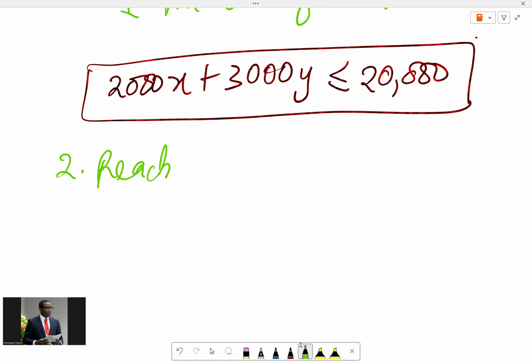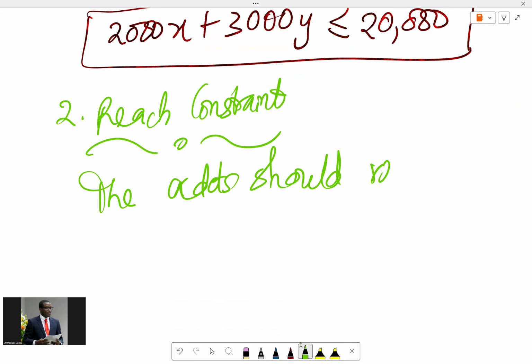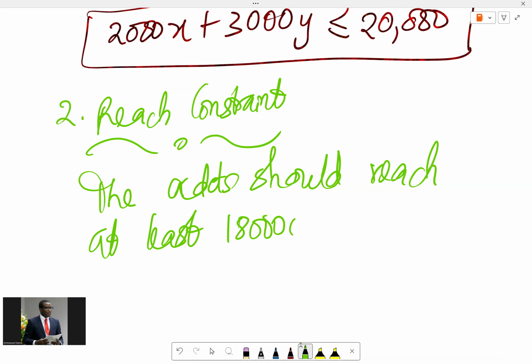So we have a reach constraint. The ads should reach at least 180,000 people.